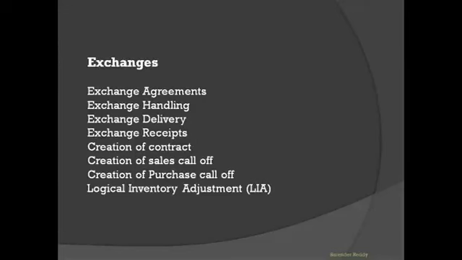Say for example, we are running a trading company in Hyderabad. Okay, in Mumbai we have a customer. But we don't have any facility to supply the customer in Mumbai. So what we will do is, we'll make an agreement with a company present in Mumbai, which is doing operations in Mumbai.